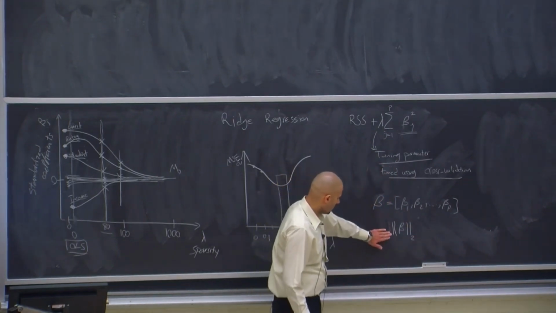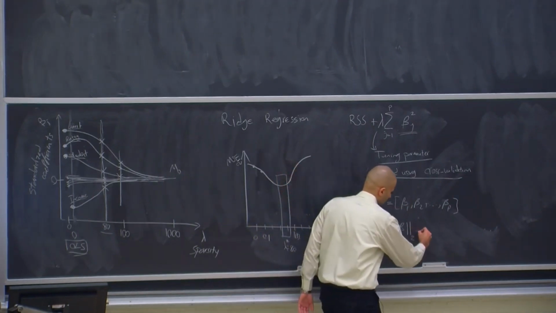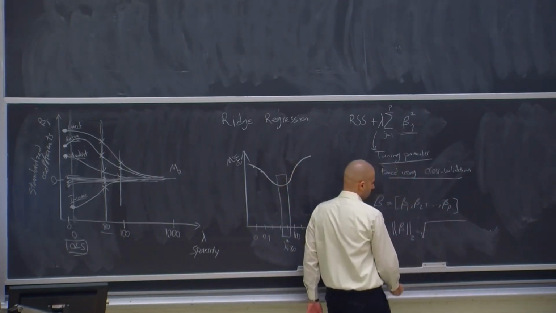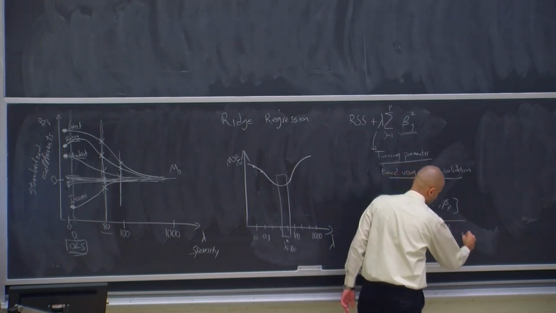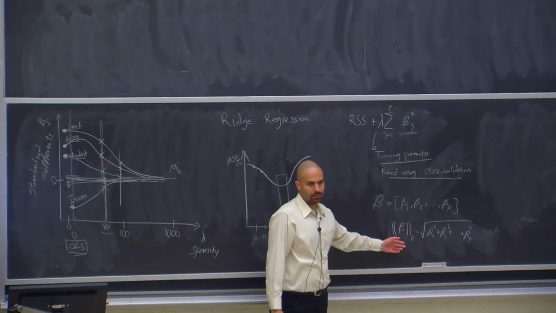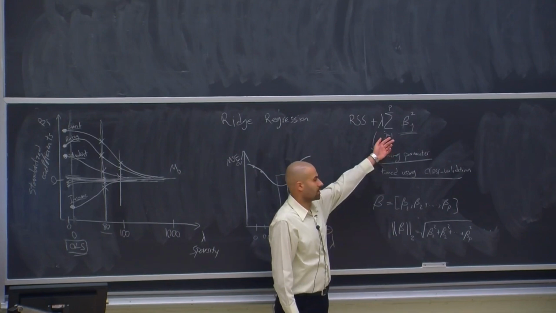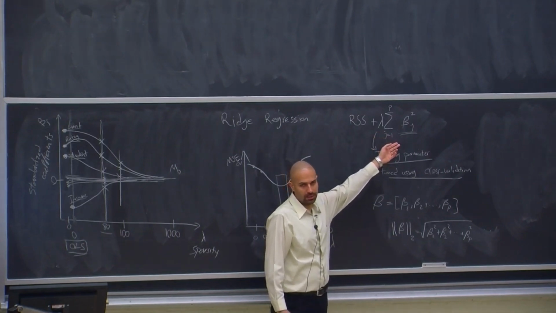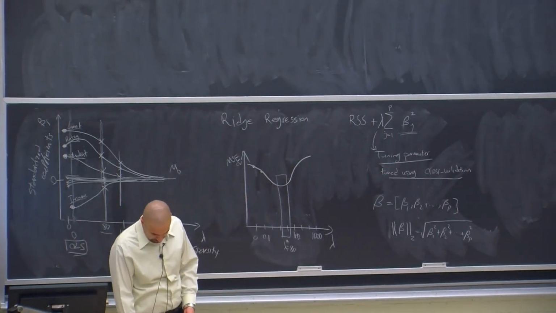This is the L2 norm, which is a measure of the length of this vector. So it equals the square root of this. As this is called the L2 norm or L2 distance, this is essentially an L2 penalty in the objective function. All right, so this was ridge regression.